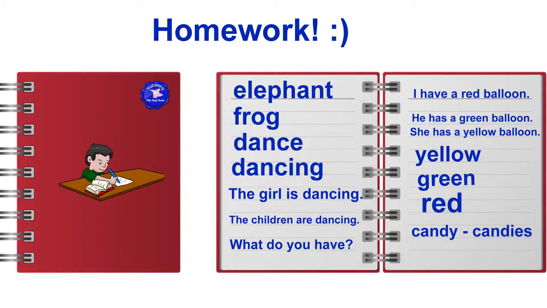Dance. Dancing. The girl is dancing. The children are dancing. What do you have? I have a red balloon. He has a green balloon. She has a yellow balloon. Yellow, green, red.